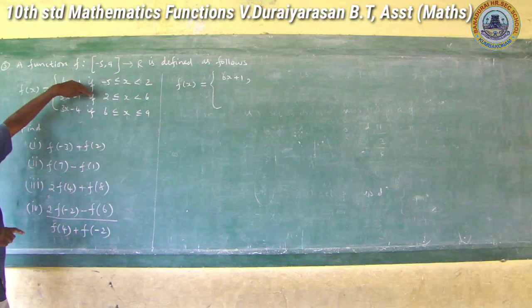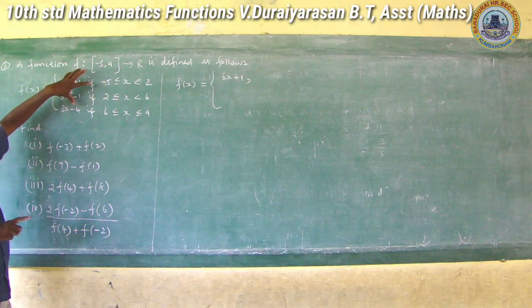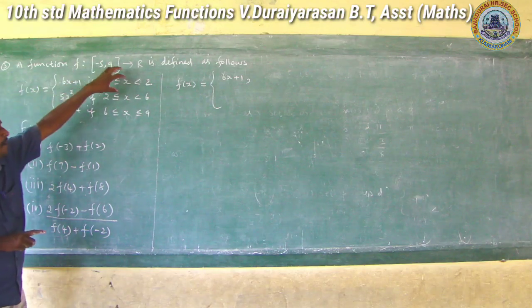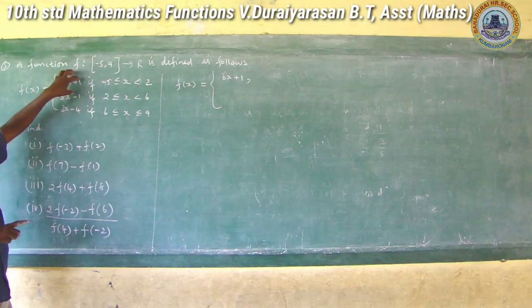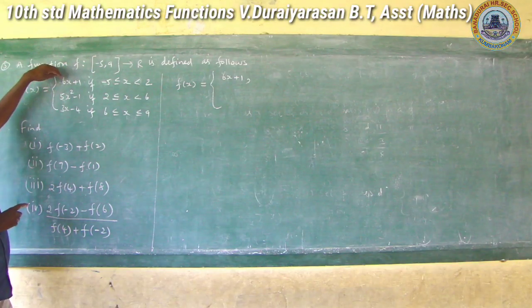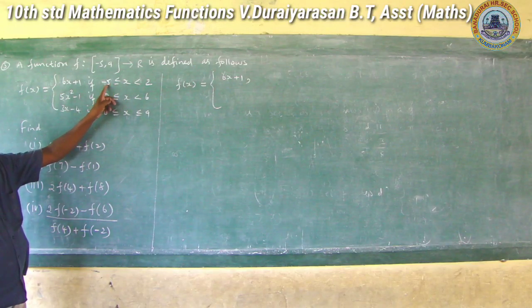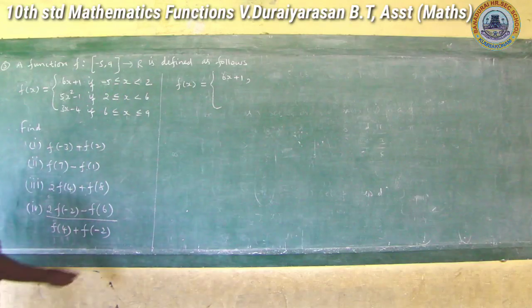So similarly for the other 2. Okay? Do you understand? Very important one. What is the value of x? The x values are applicable only for the given function. So for 6x plus 1, x is greater than or equal to minus 5 and less than 2. What is the value, sir?